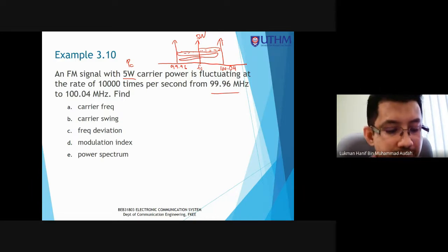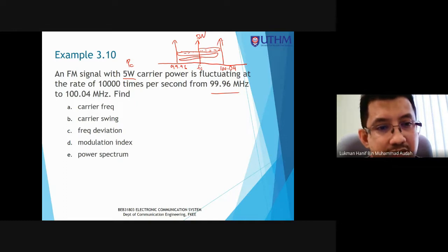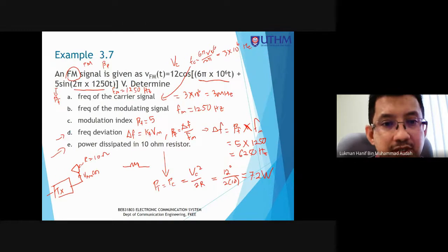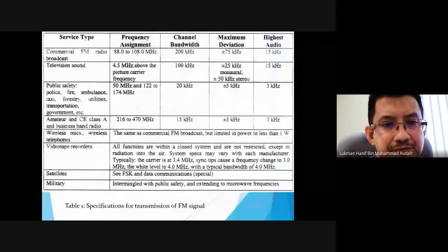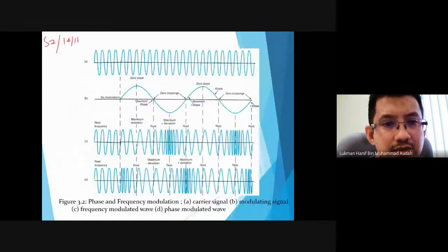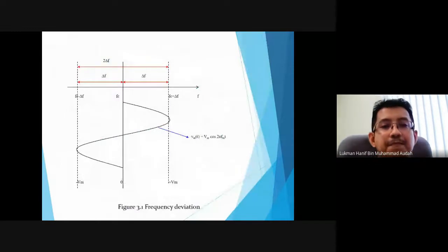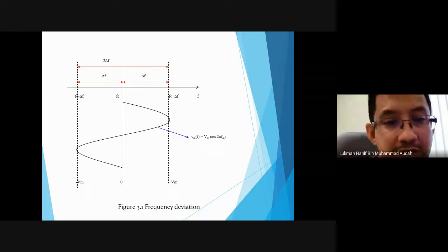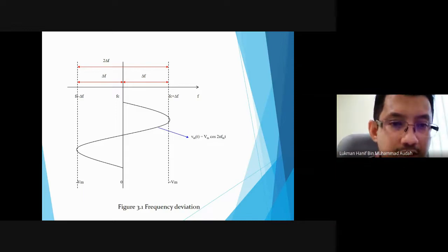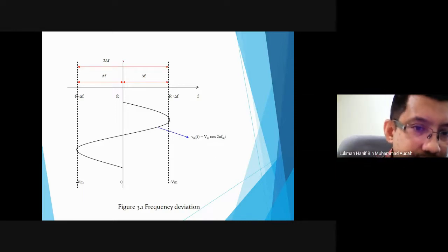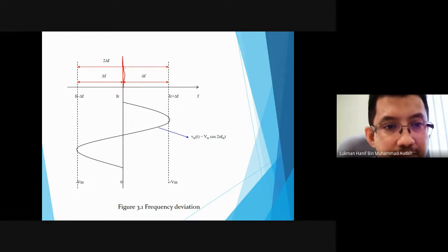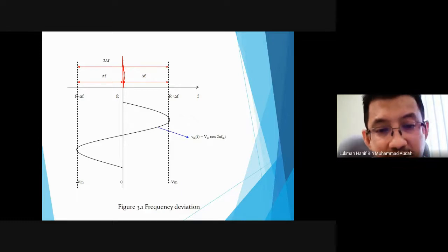Apa maksud dia? Ini seperti gambar raja yang sebelumnya. I flashback. This one. Right. So kalau you lihat di sini gambar ni, carrier frequency at the center over here, carrier signal, carrier spectrum, carrier component, so oscillate 10,000 times per second.